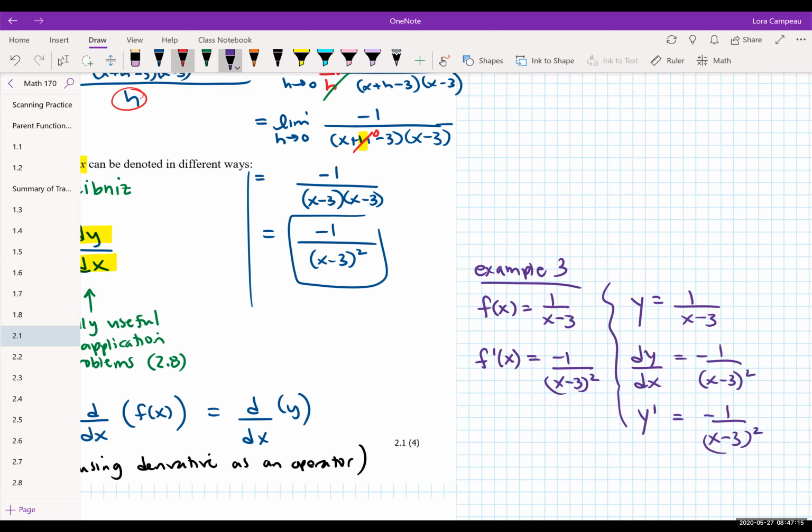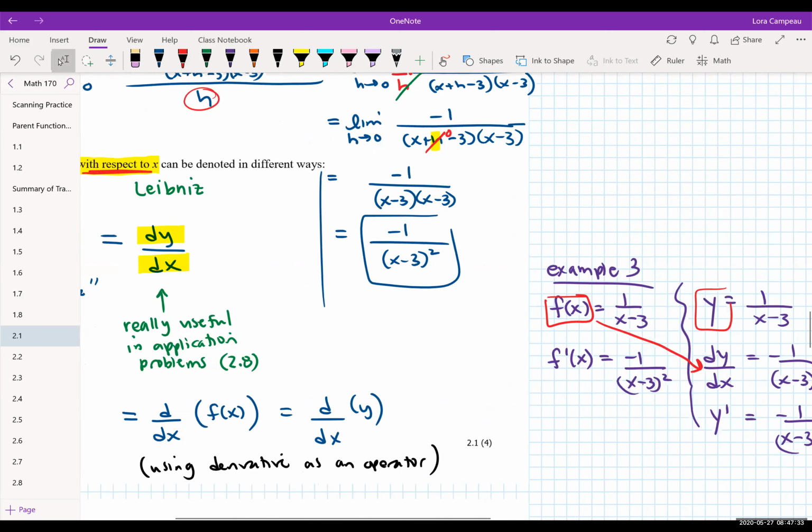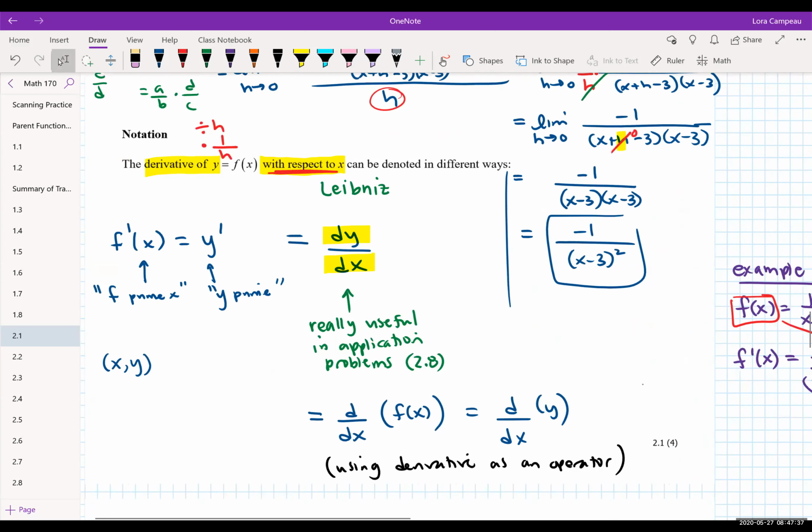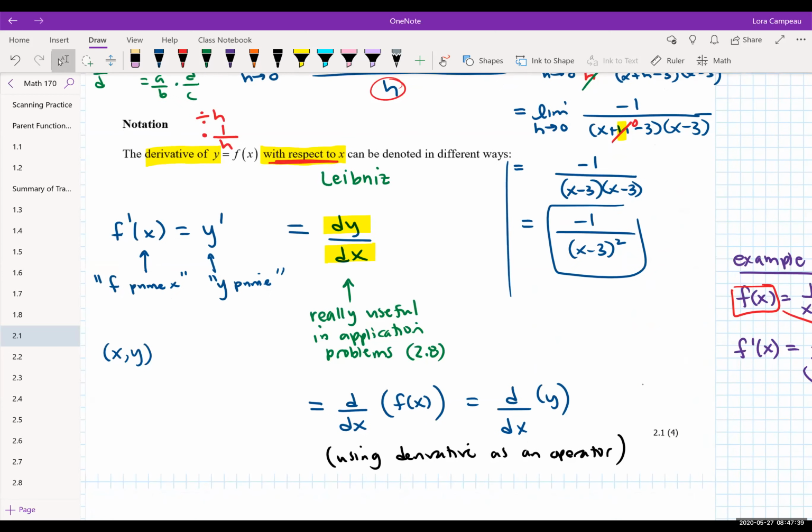So moral of the story, it kind of depends on how you start. If you started with an f of x, you might as well use f prime x, unless there's a reason to, maybe there's an application, then you would go straight to using the dy dx, so we say. So notation, it's fun, but it's only fun if you understand it. So take some time to review that.